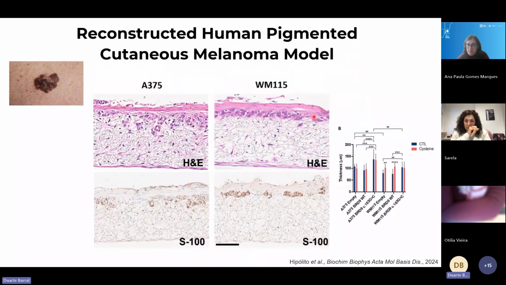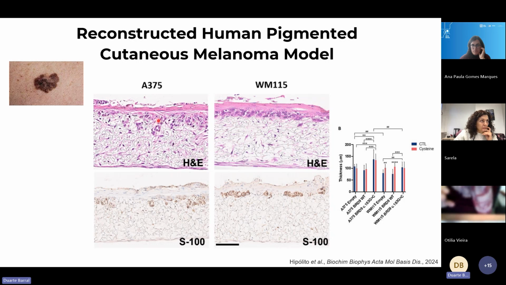Furthermore, we used this model to develop a cutaneous melanoma skin model. And instead of using normal melanocytes, we used melanoma cells, melanoma cell lines. Here on the left, you see an invasive melanoma cell line, A375, and on the right, a non-invasive melanoma cell line.